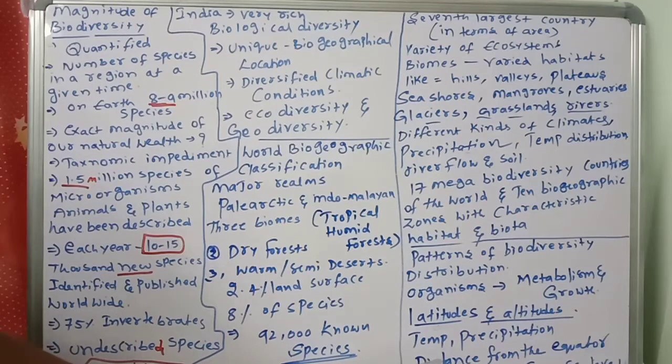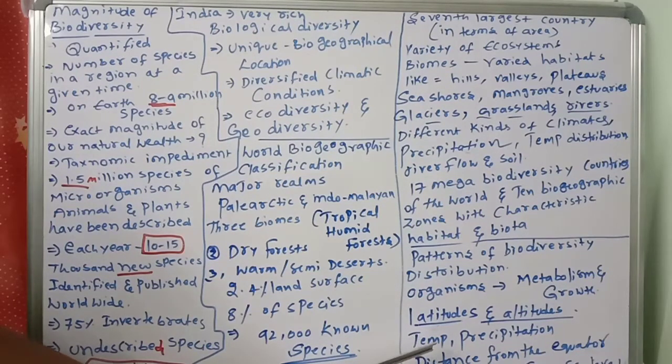So habitat conditions are determined by which ones? Good habitat, good number of species, right? Habitat conditions are determined by latitudes and altitudes.